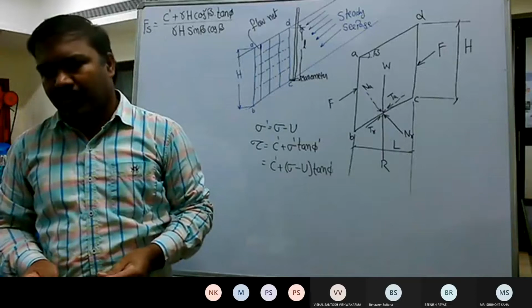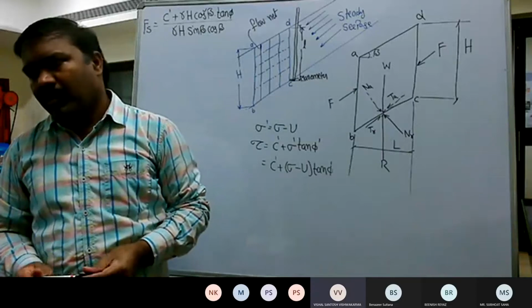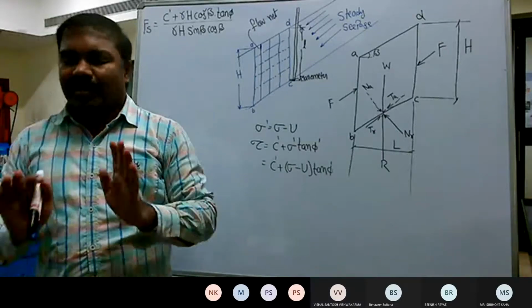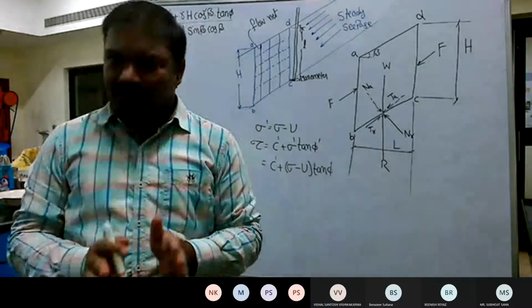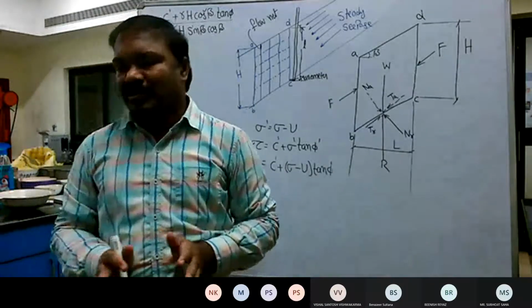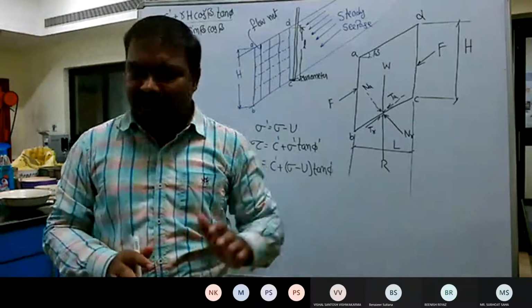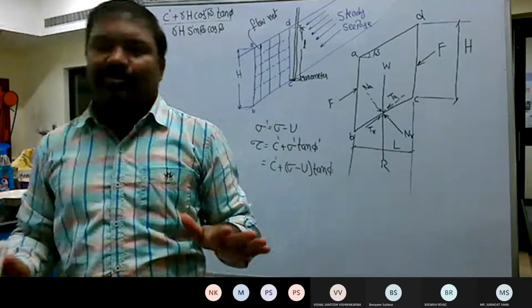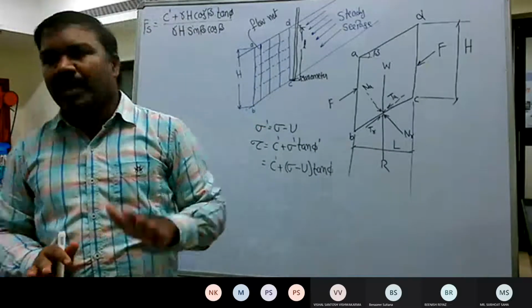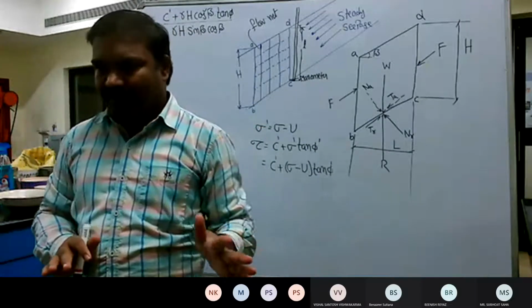Just to distinguish the water table from the flowing condition, if you take the water table where there is no movement, we can designate this as a static water table.